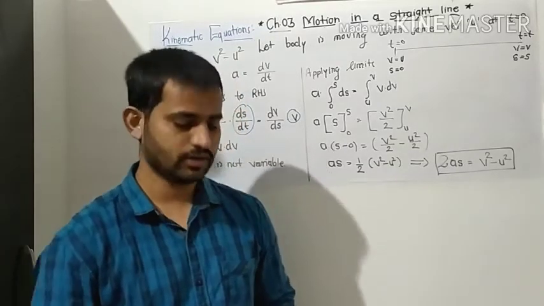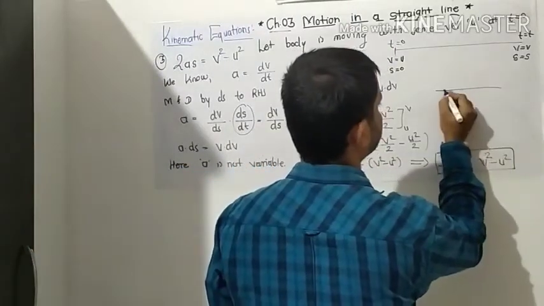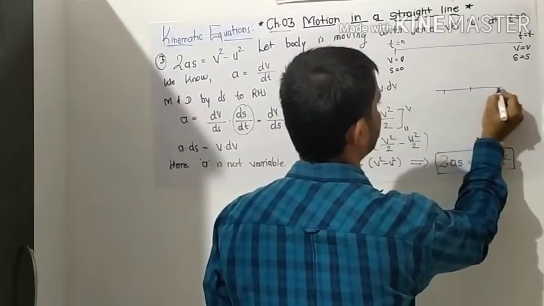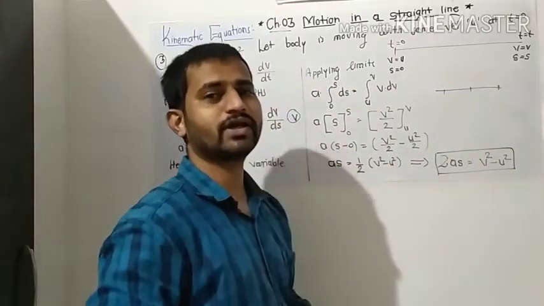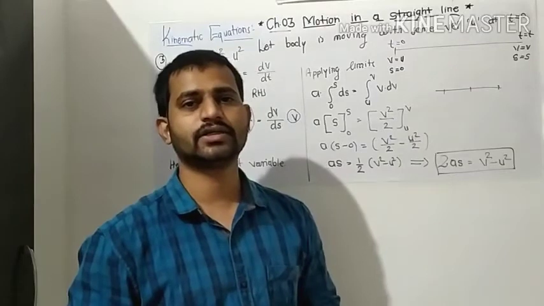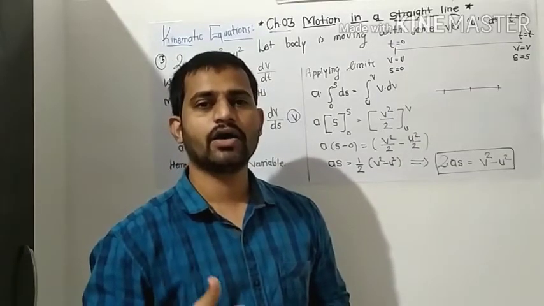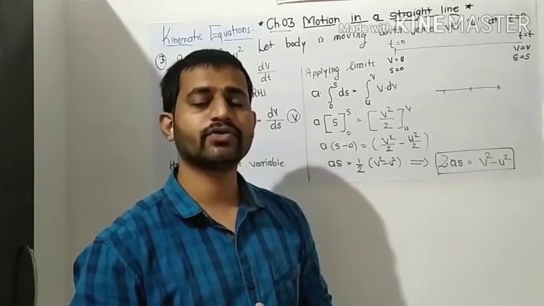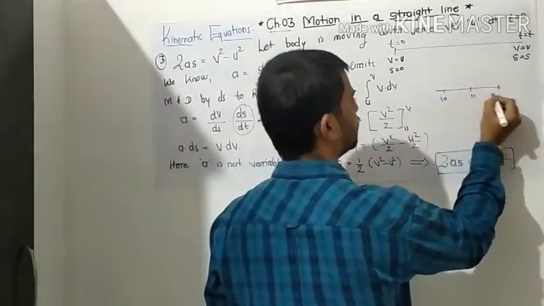If we draw the graph, then you can see this is 10, 11, 12. When we have to find the displacement of the nth second, you are currently in the 11th. This is the 10, this is the 11, this is the 12.